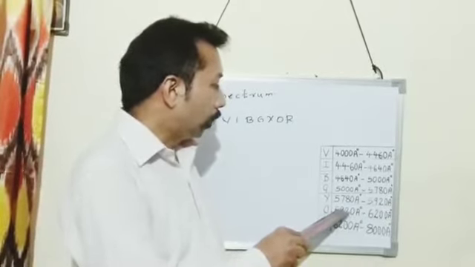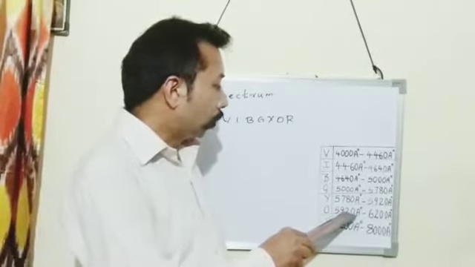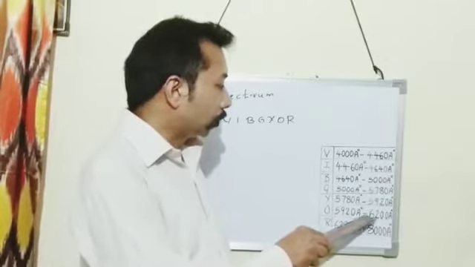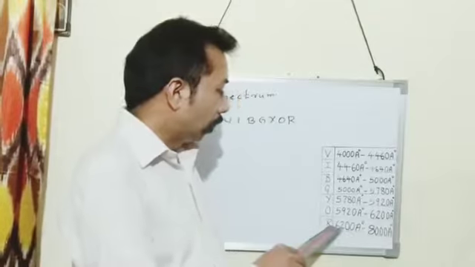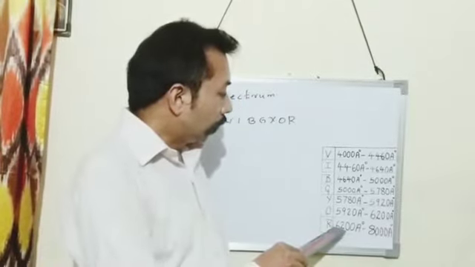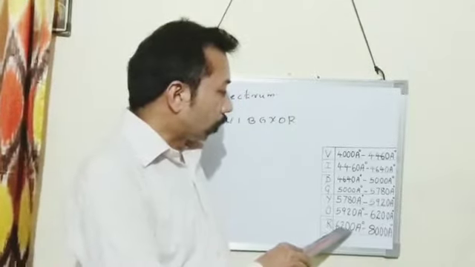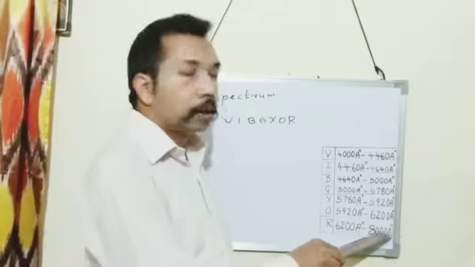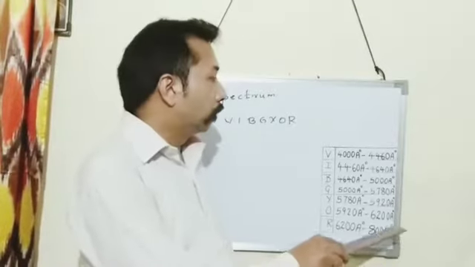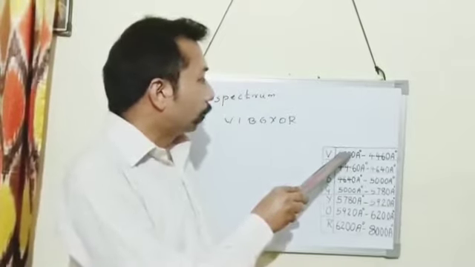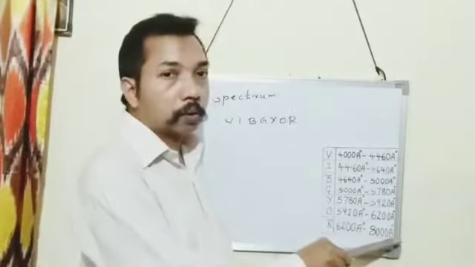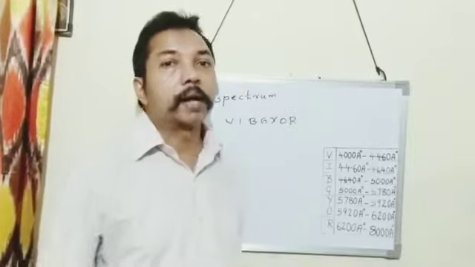Orange has a wavelength from 5920 angstrom to 6200 angstrom. Red has a wavelength range from 6200 angstrom to 8000 angstrom. This means the wavelength range of the visible spectrum is from 4000 angstrom to 8000 angstrom.